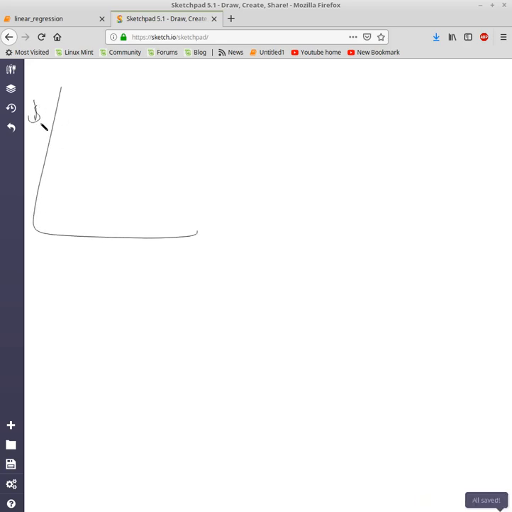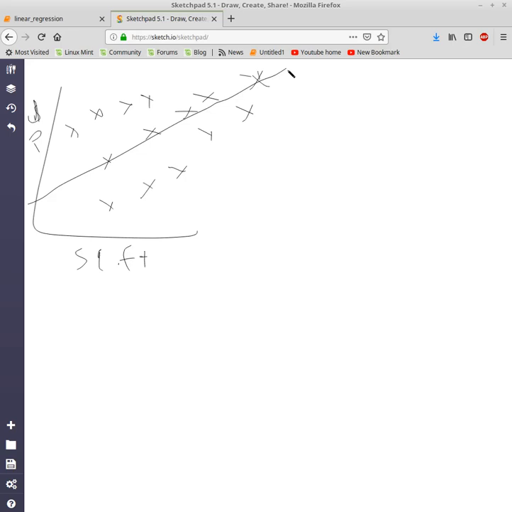Remember prices and then square footage. We have a bunch of values like we see here, and we want to basically find this line right here. And the equation is Y equals W1 X1 plus WB times 1.